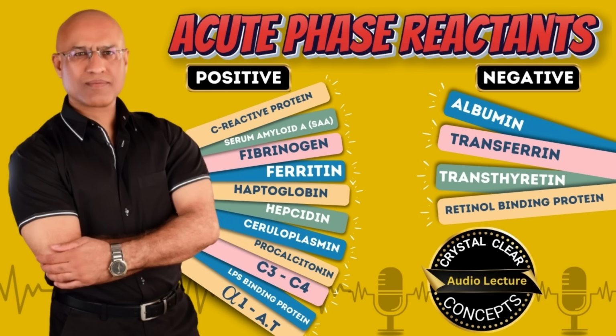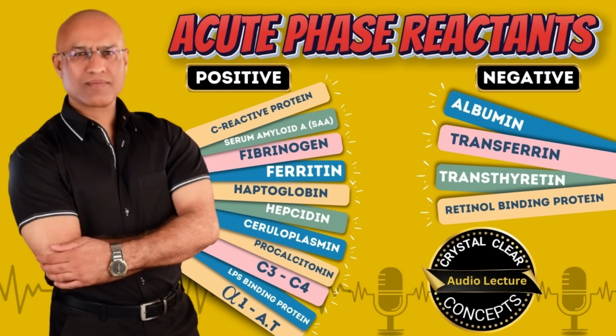There is a lot of important information we have to discuss in detail: C-reactive protein, ESR, and many others. But right now, I will just name the acute phase reactants. First, I will name the positive acute phase reactants, and then the negative acute phase reactants, right? Let's start with the positive ones.